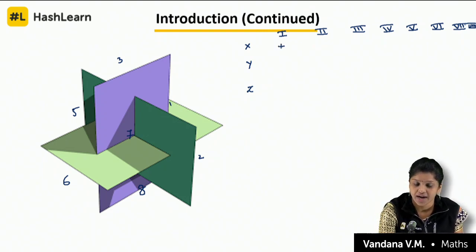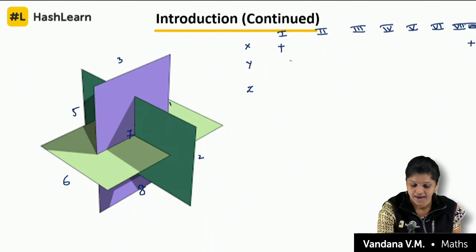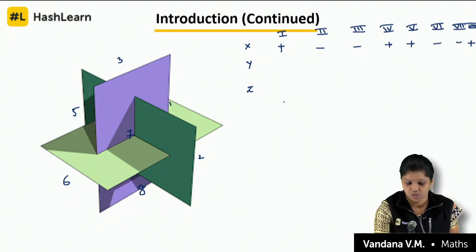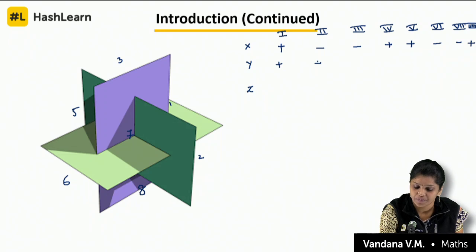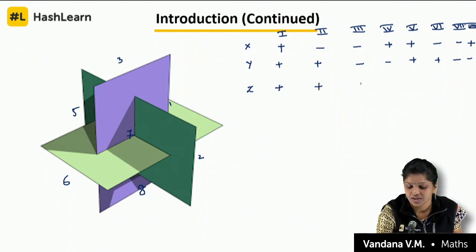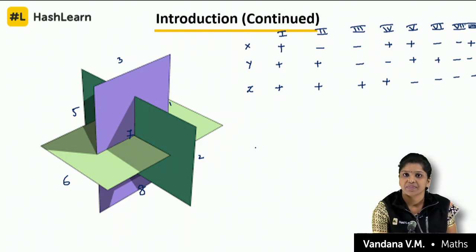Look here: the first one starts with plus and the sign pattern goes plus, plus, minus, minus, then plus, plus, minus, minus. For the z coordinate, it is very easy to remember: the first 4 are plus, the next 4 are minus.